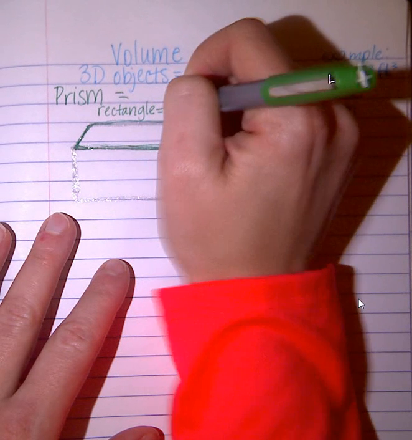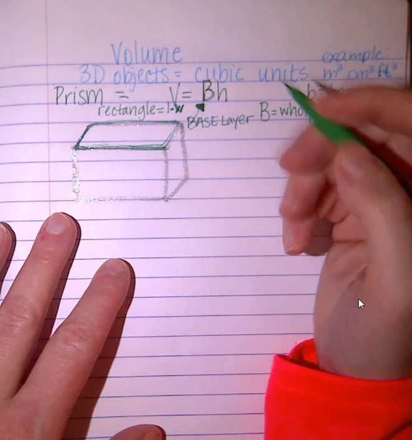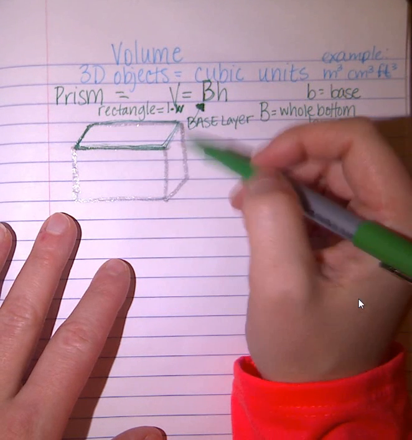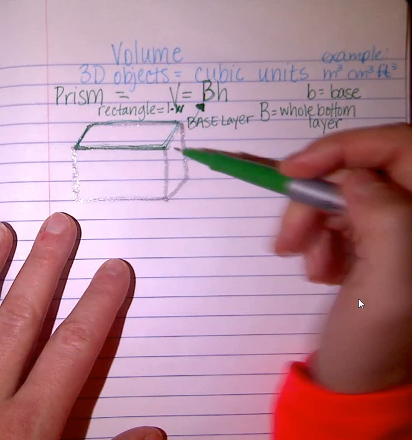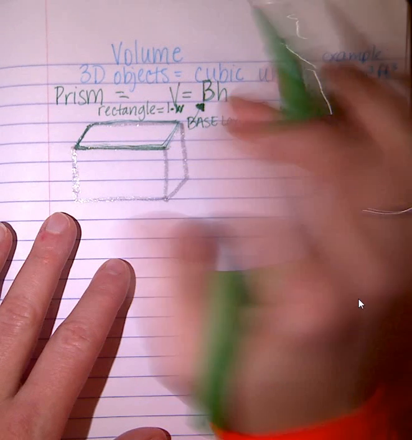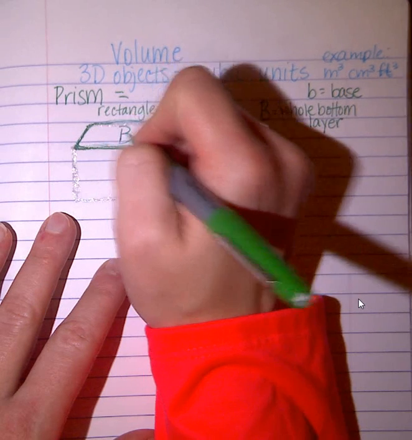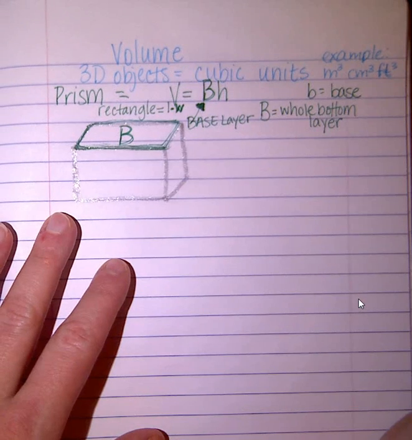It's the area of the base, the base layer. Yes, I know I'm drawing the top of it, but this could be a base as well if you just flip it. So this whole thing is your big B.